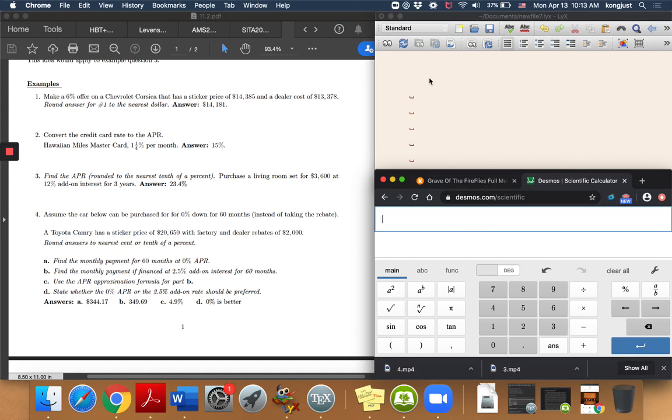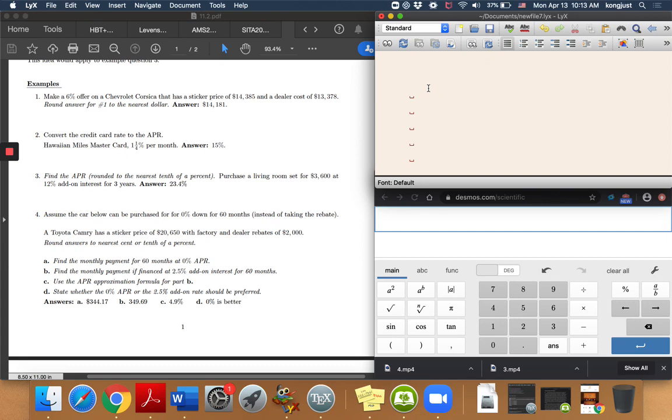The way we do that is, let's start by writing down our variables. We know that the rate R is 0.06, that's 6%. The time we're just going to treat as 1 because it's a single calculation.